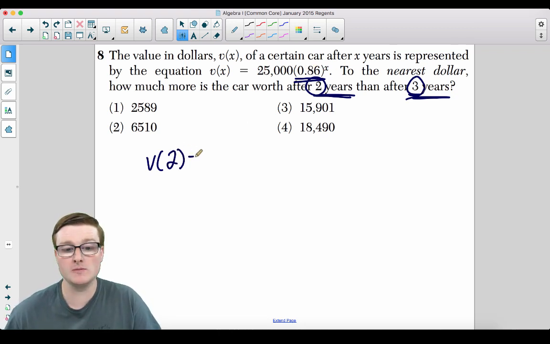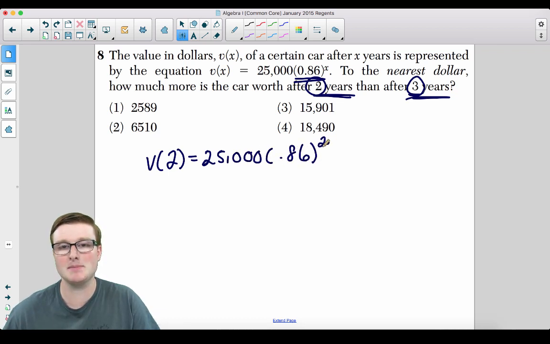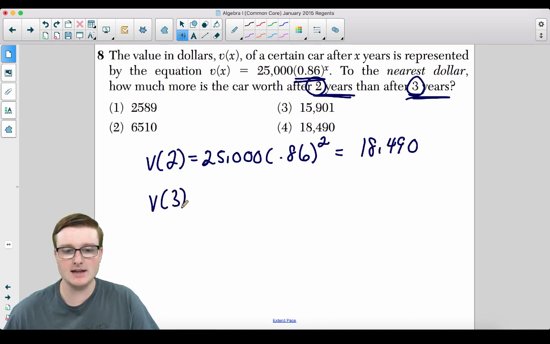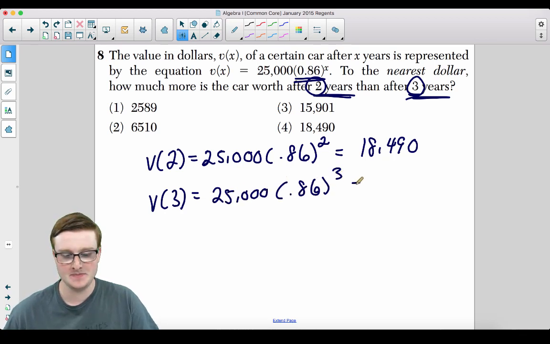So V of 2 would equal 25,000 times 0.86 to the second power. That will give you 18,490. Now, V of 3 would be $25,000 times 0.86 to the third power, and that will give you $15,901.